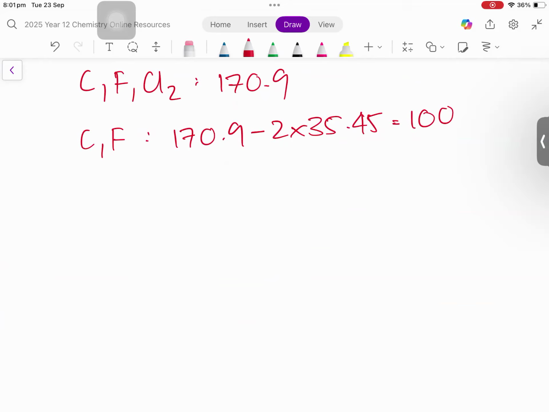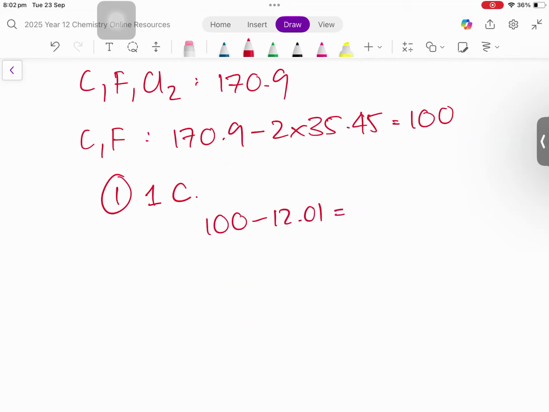Trial number one. Let me do one carbon. The mass of a single carbon is 12.01. So carbons plus the fluorines is 100. 100 minus 12.01 will give you the remaining mass for the fluorines. This is trial and error.